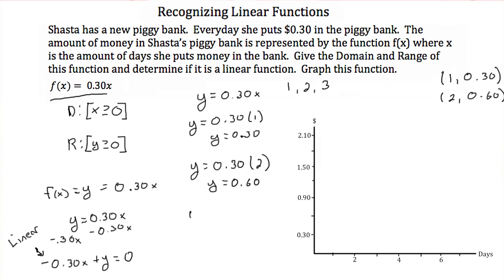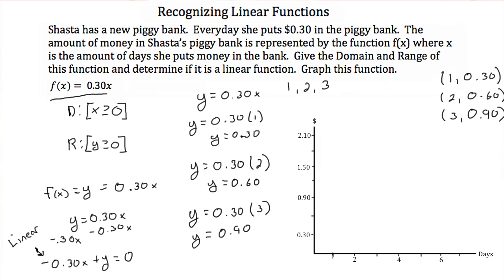And then our third point, we plug in 3 for the day, or for x. We get 0.30 times 3. So y is equal to 0.90. So the last point we're going to graph is (3, 0.90). So now let's graph these 3 points.